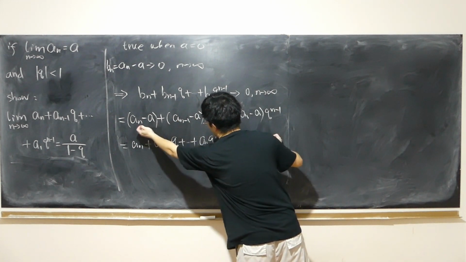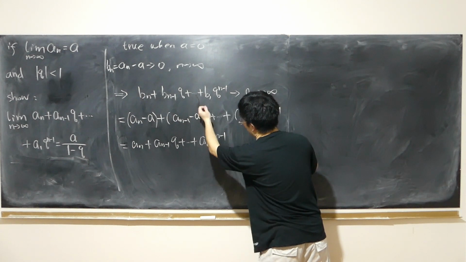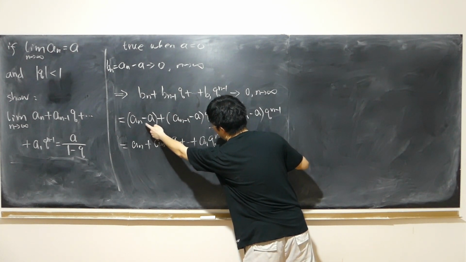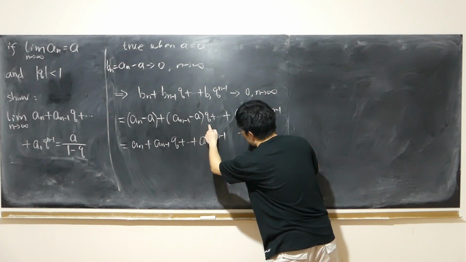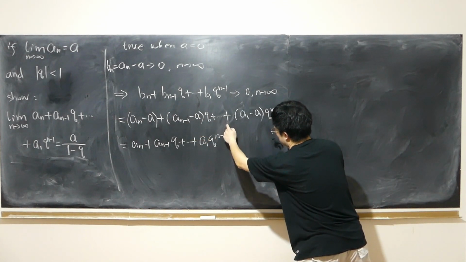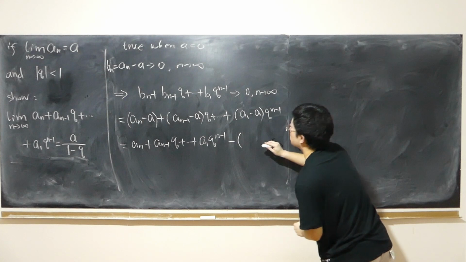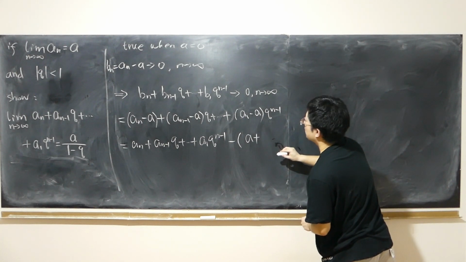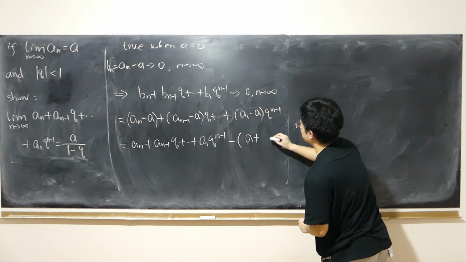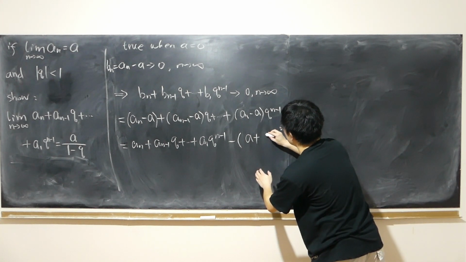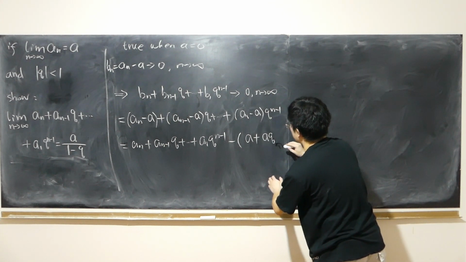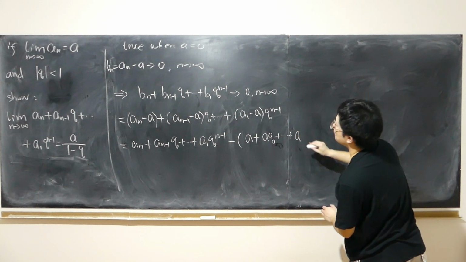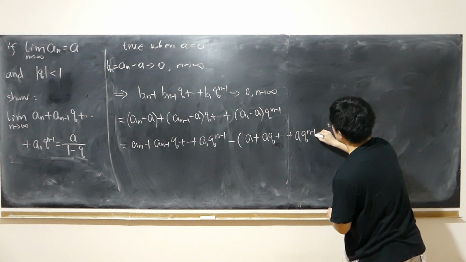a_(n-1) times q times q times q. But then I'm going to group these ones, right? Minus a times q, minus a times, so minus bracket a plus aq, a times q to the n minus 1.